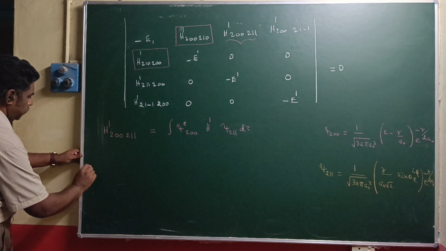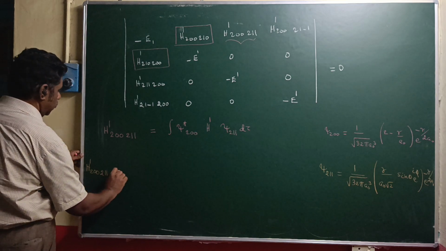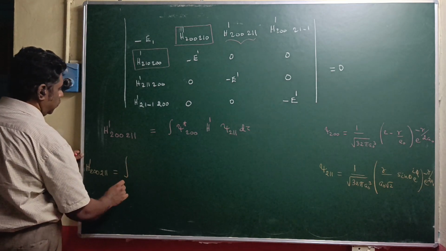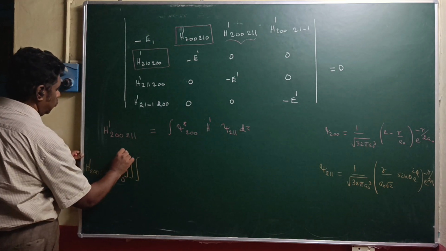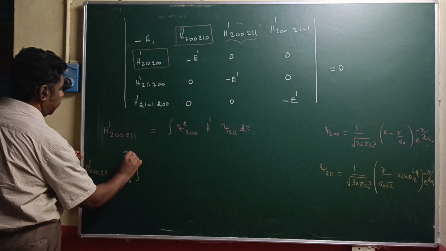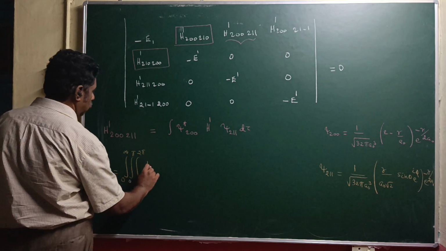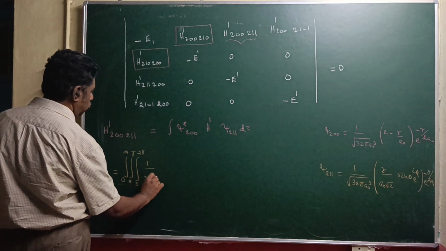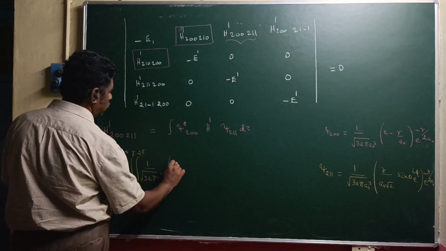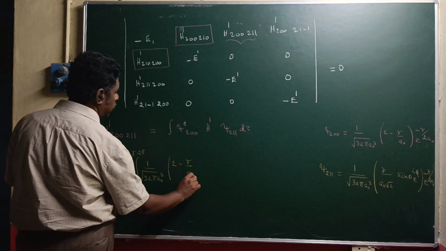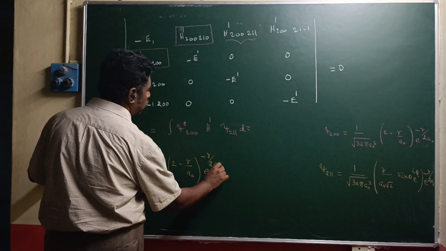That is, H1 200 211 equal to the triple integral, 0 to infinity, 0 to pi, 0 to 2 pi, of 1 divided by 32 pi a0 cube, (2 minus r by a0) e power minus r divided by 2a0.